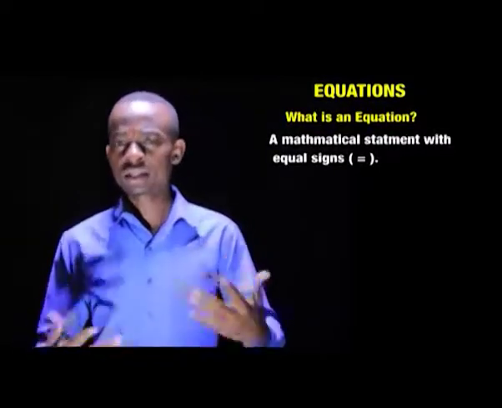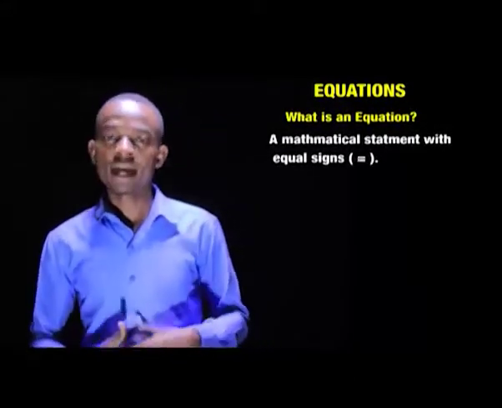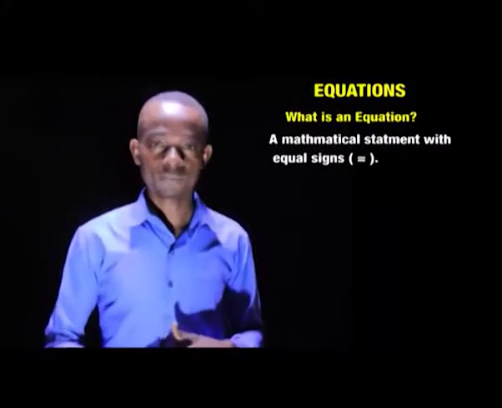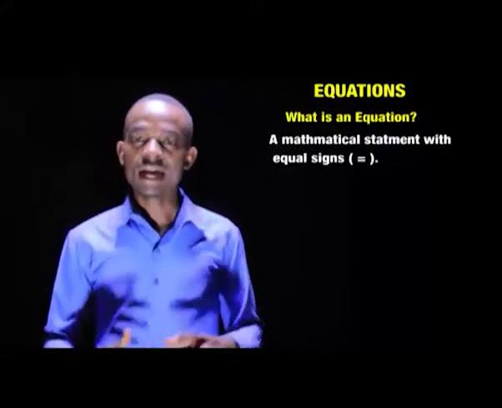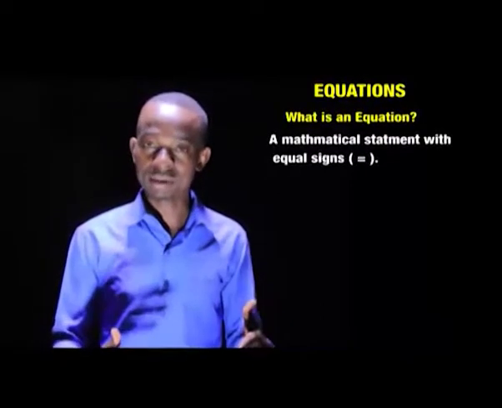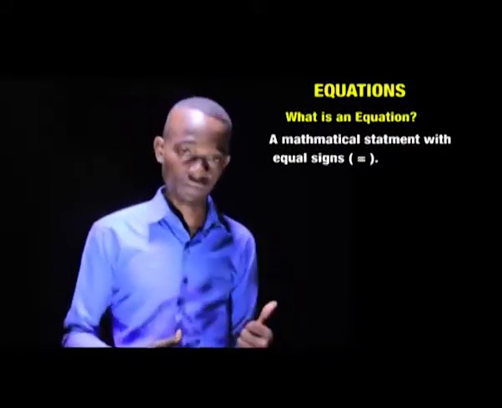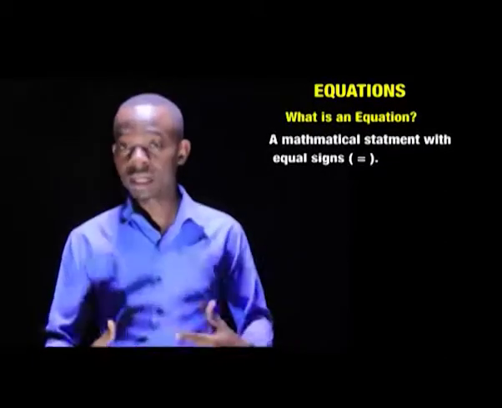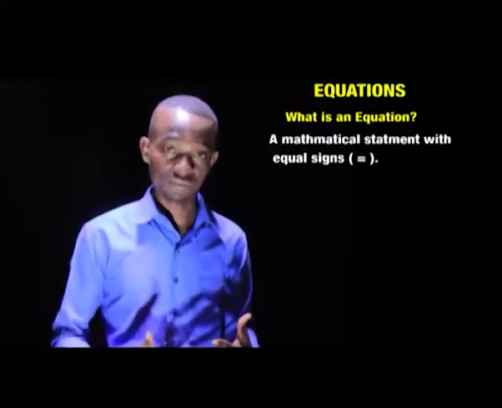So for example, an example of a mathematical statement, I can say, I think of a number, I add 3 to that number, and then after I've added 3 to the number, the result that I get, I multiply that result by 5. After multiplying by 5, I get my answer as 25.